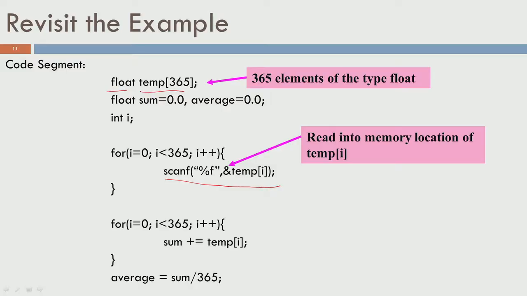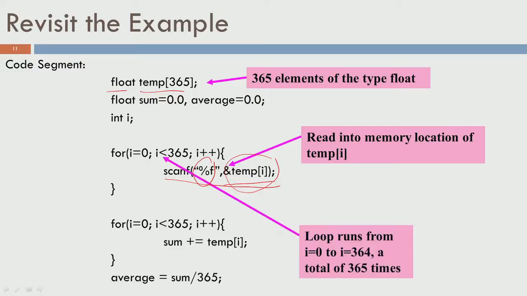If it is an individual variable, we saw that scanf takes the format and the address of a variable. The same thing is happening here. We have the format here and we have the address of a variable, only that the variable is not an individual variable, it is actually an array location. So, temp of i is temp of 0, temp of 1, temp of 2, and so on till temp of 364.